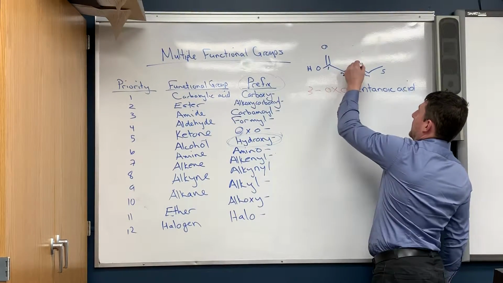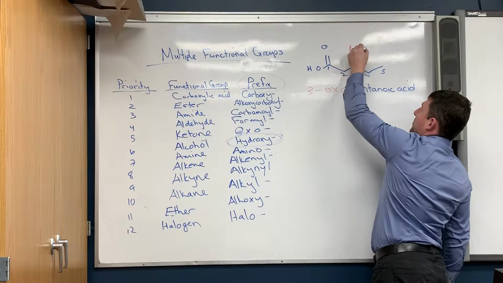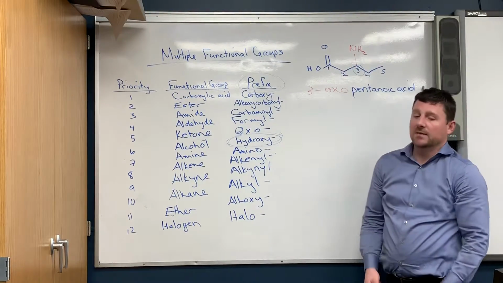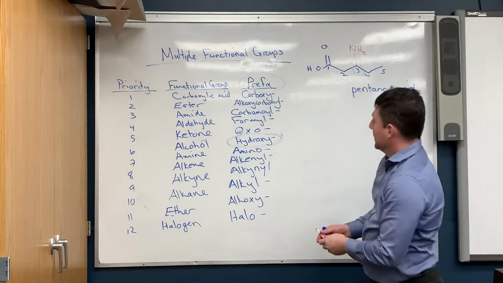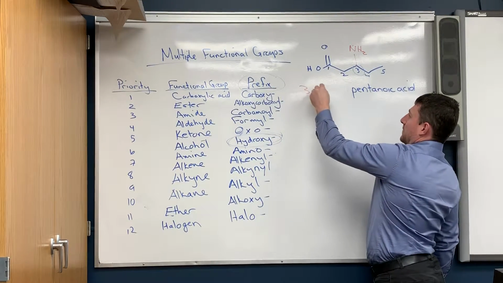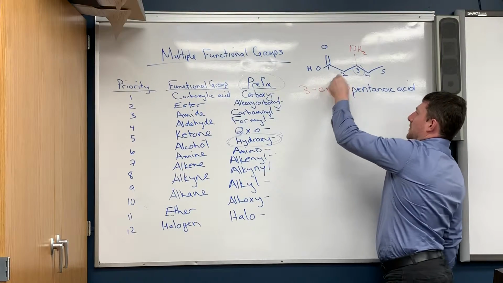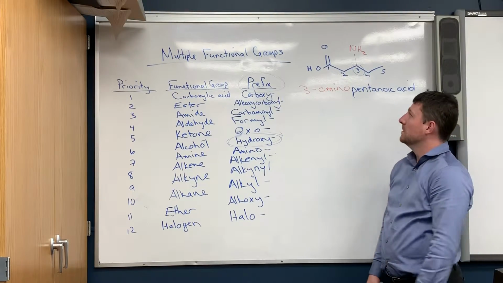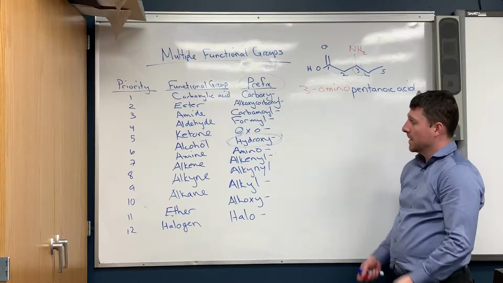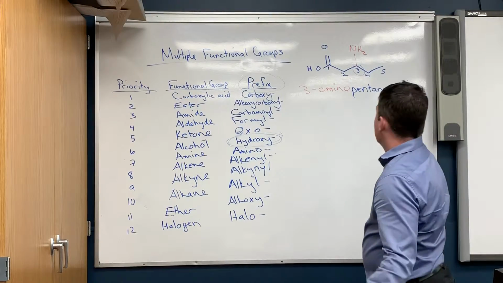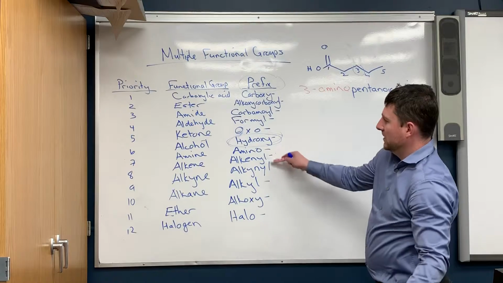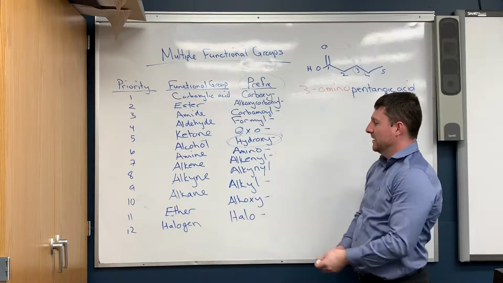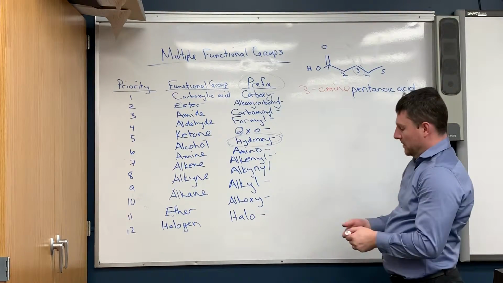I could replace it with an amine, and I could put an NH2 there. And this one also makes a lot of sense. It's an amine, so as a branch, why not call it 3-aminopentanoic acid? And then maybe some of the more difficult ones. I mentioned the alkenyl and alkynyl groups.